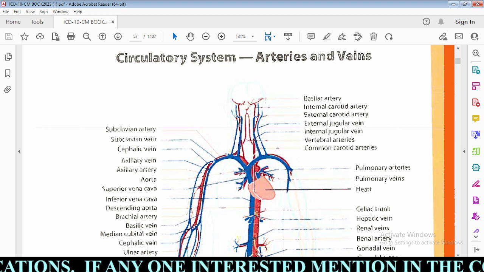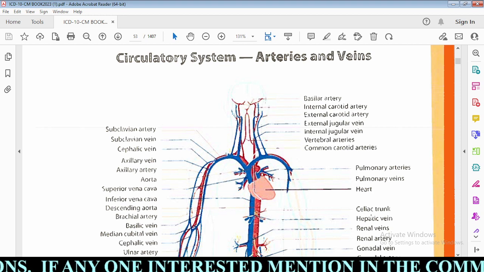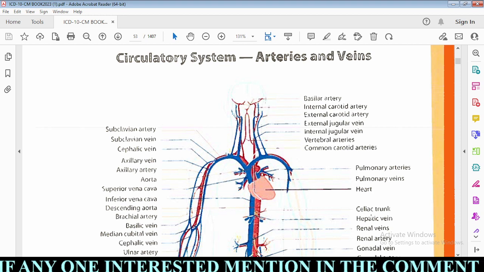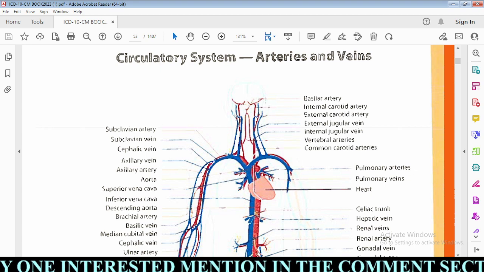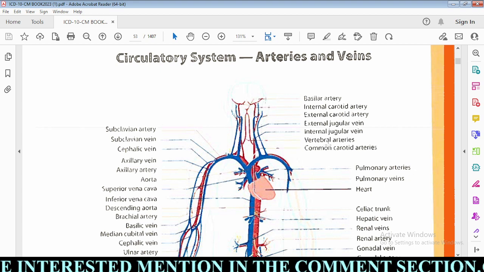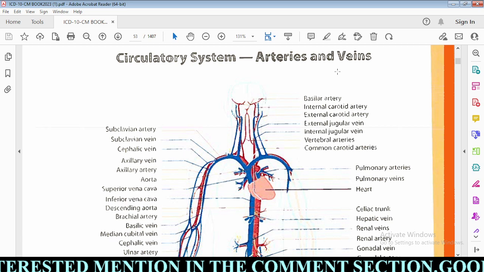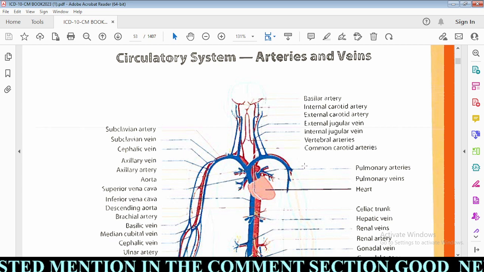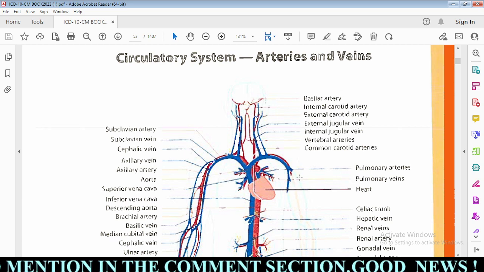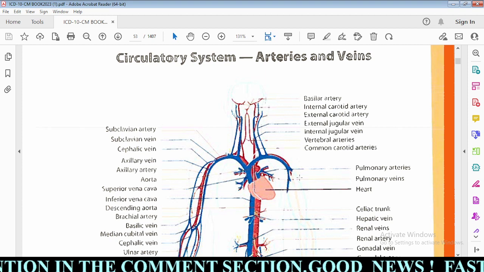Basically, we need to understand the importance of anatomical drawings. For example, this drawing is related to circulatory system, arteries and veins. By using the chart, you are able to code interventional radiology procedures.